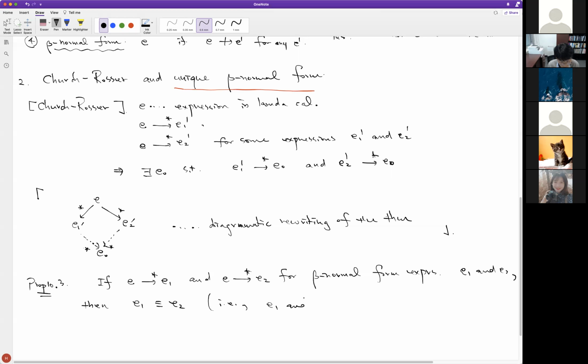So this proposition can be proved by using Church-Rosser.